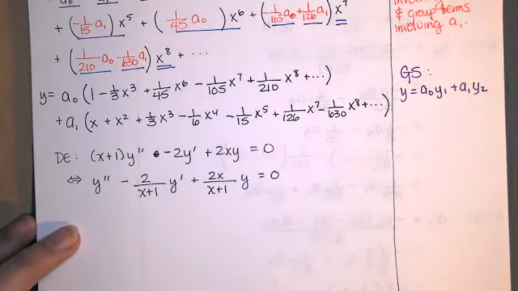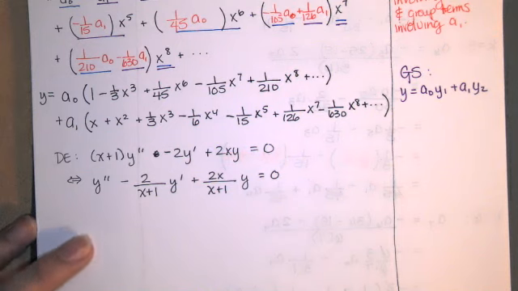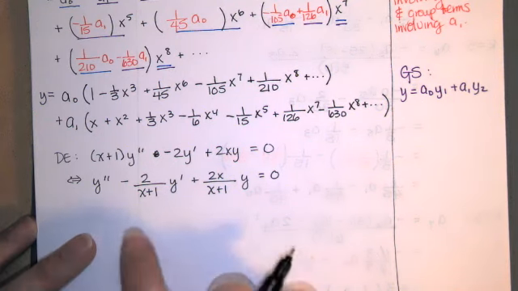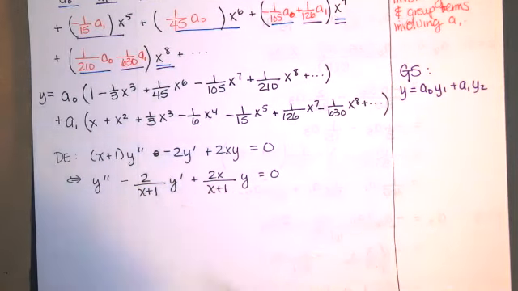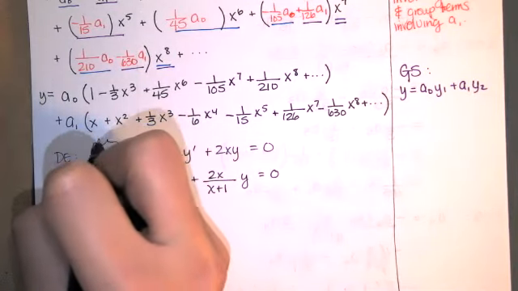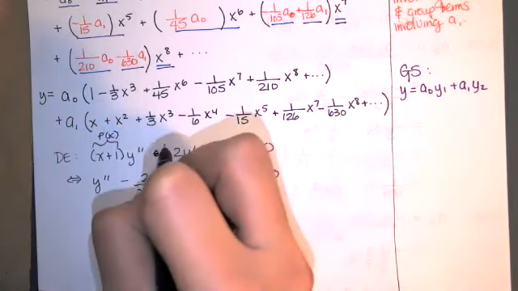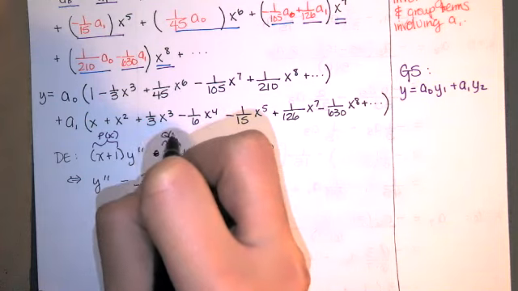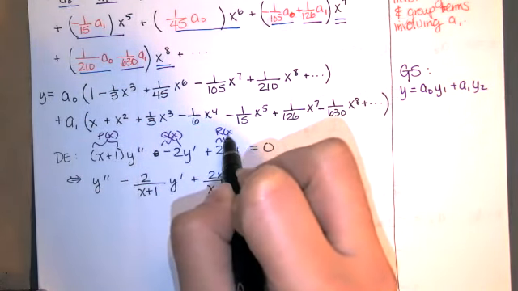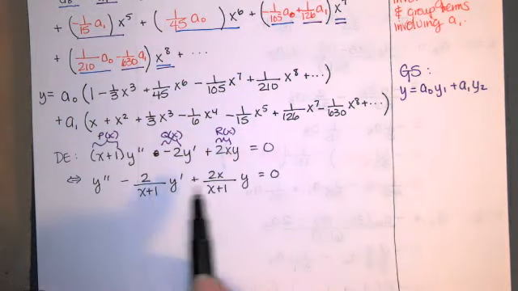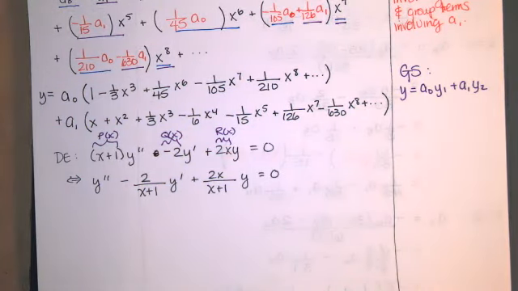Now, the interval of existence is related to the interval of existence of the power series representations of this function and this function. If we called this, as we did in the derivation, p of x times y double prime and q of x times y prime and r of x times y, this is q over p and that's r over p.